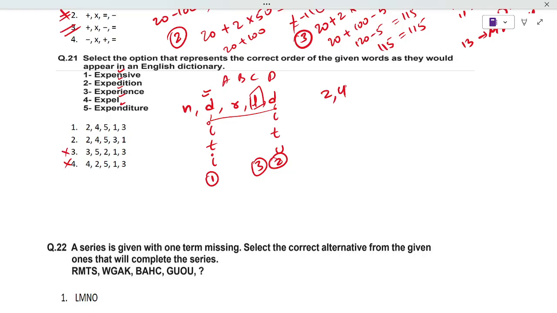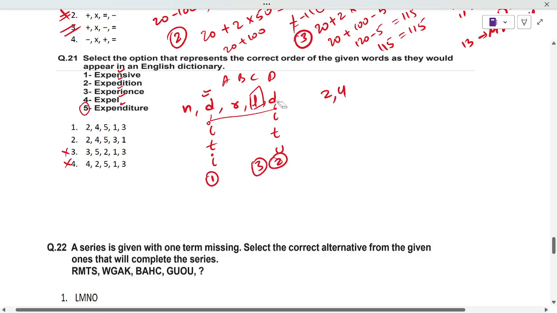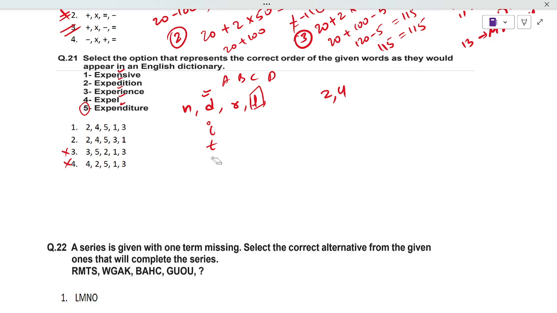Oh, we made a blunder again, because this was not D but this was N, right? So this will come first, this will come second. That means if this is 1, 2, 3 and 4, then 2, 4.